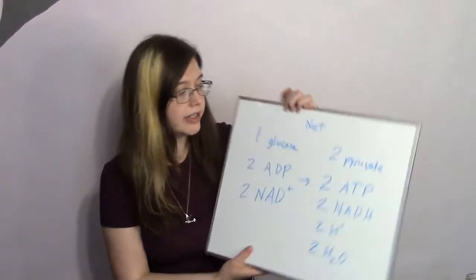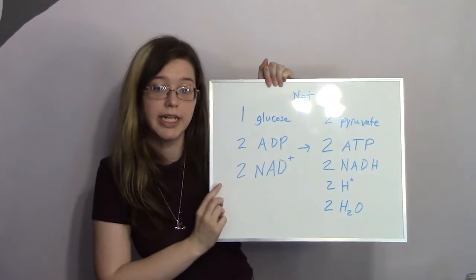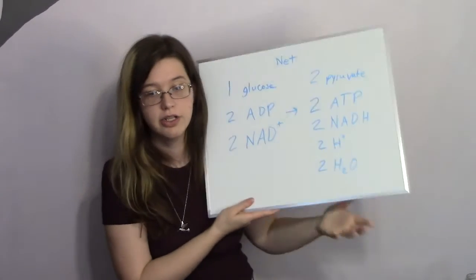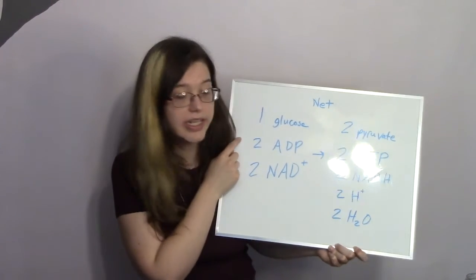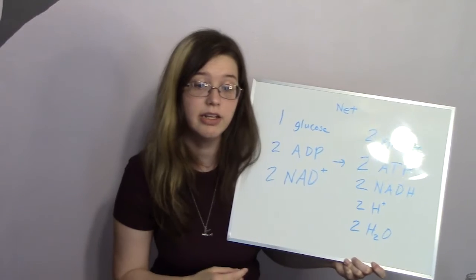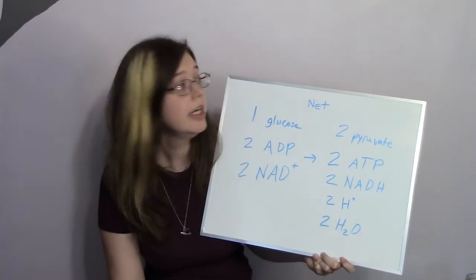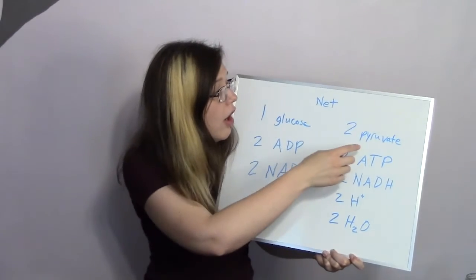In short, glycolysis occurs in the cytoplasm. The net reactants here are glucose, ADP, and NAD+. So we use 2 ADP and 2 NAD+. And then, for every glucose, we've got net products. And those products are pyruvate.